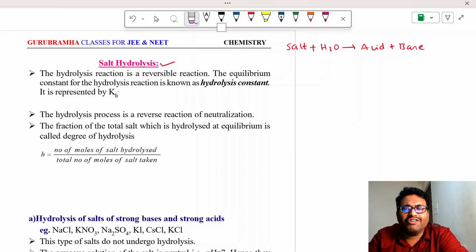We find that it is the reverse of the neutralization reaction. In the neutralization reaction, according to Arrhenius, we have studied that acid reacts with base to form salt and water. Here salt reacts with water, which is the process called hydrolysis, forming acid and base.